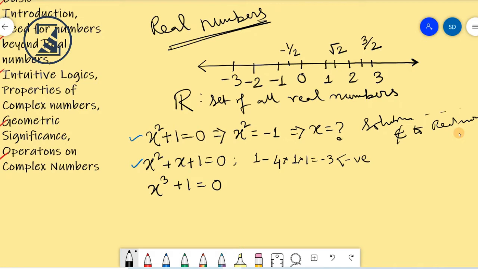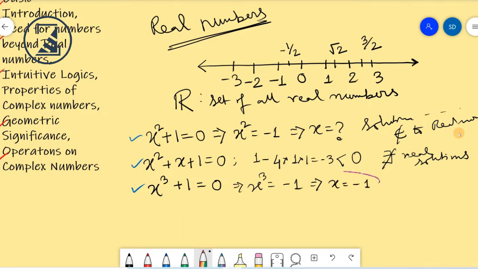And we know when we have a quadratic equation with negative discriminant, there are no real solutions. And let's now come to this equation. For this equation, x cubed is equal to minus 1. So x is equal to minus 1. Here in this case, we have found at least one real solution.